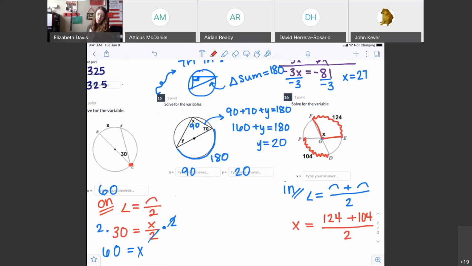So we'll take 124 plus 104. So that's 228. And then we'll divide by 2. So that's 114. Did you get the same thing?